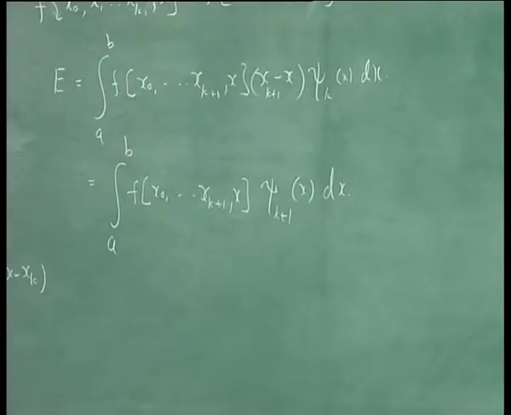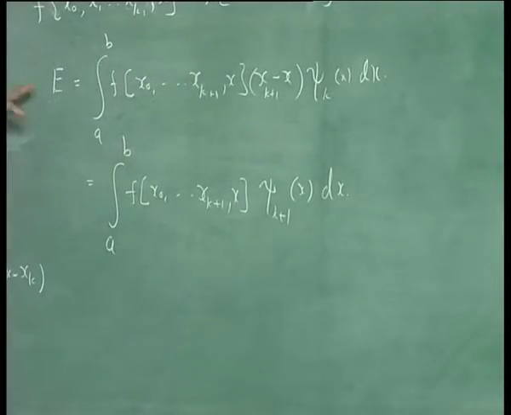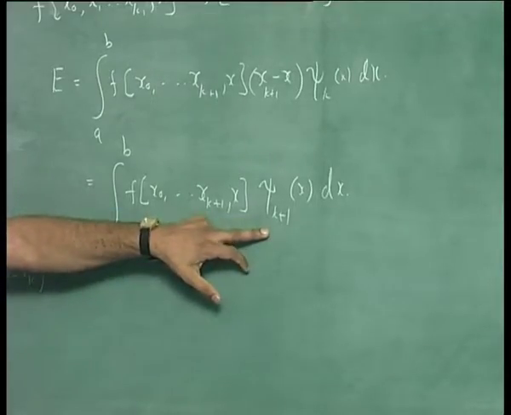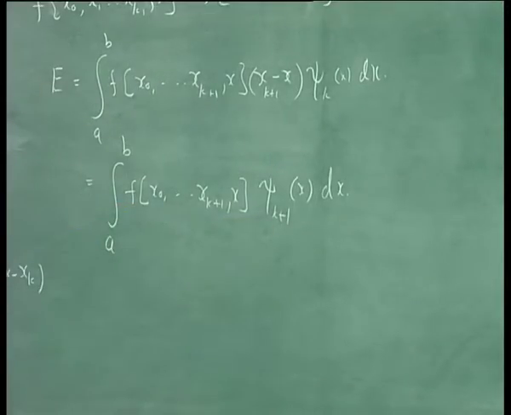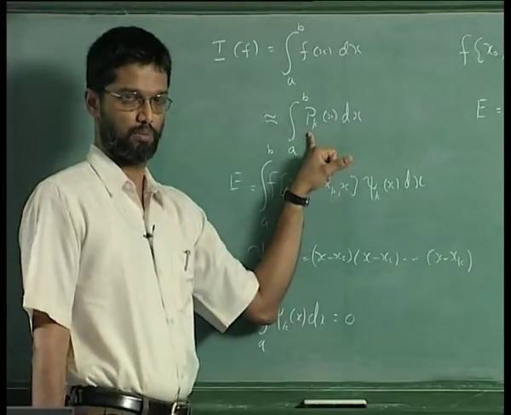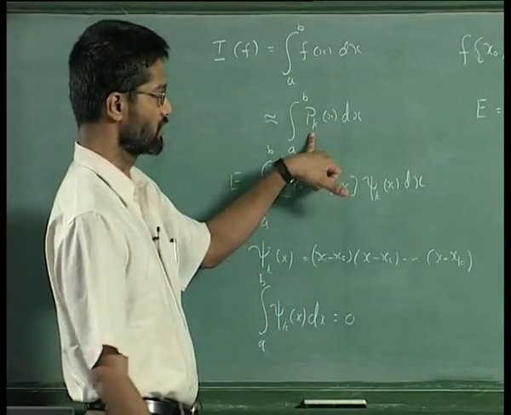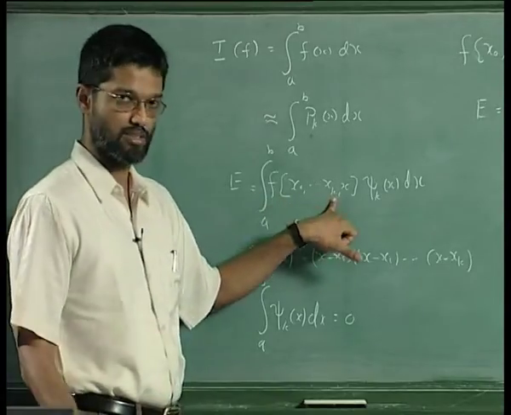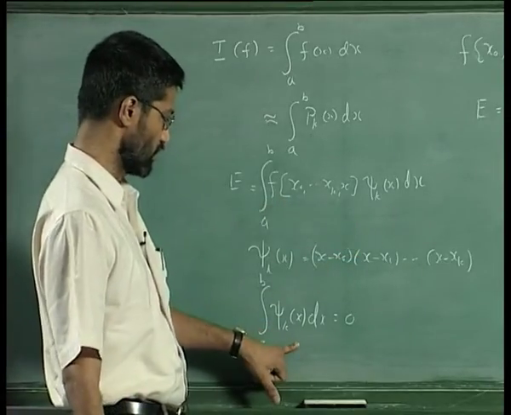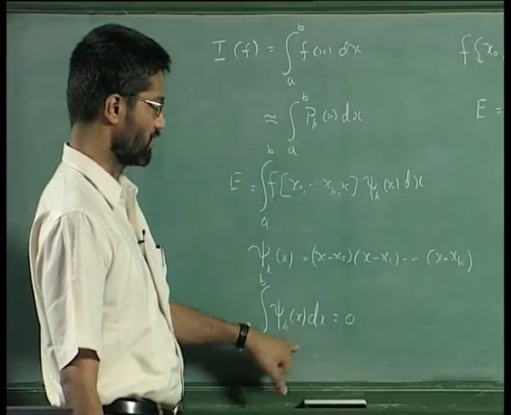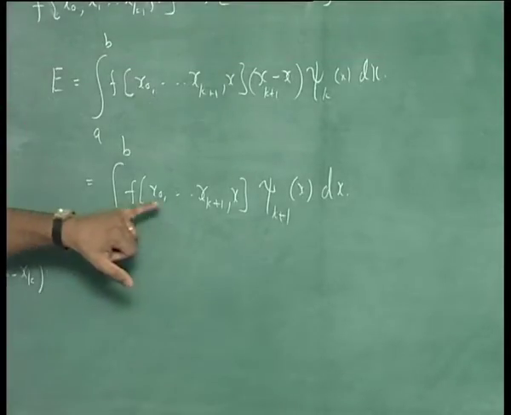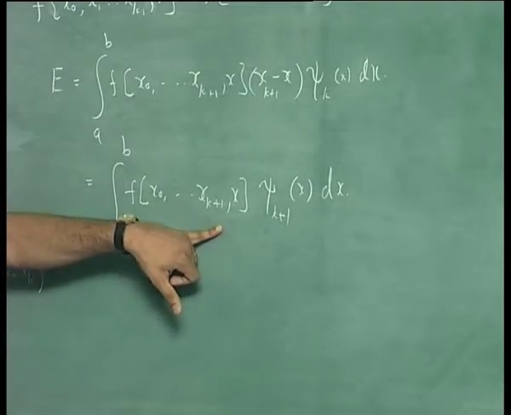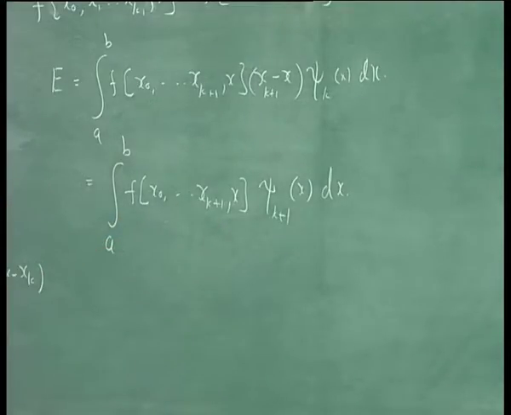So, we see that now the error has gone into the k plus 2 order term in the polynomial. So, we have a kth order polynomial approximation, but we had chosen the points x 0 to x k such that this was 0, and then the error would go into the k plus 2 term in the polynomial, not k plus 1 as it was here.